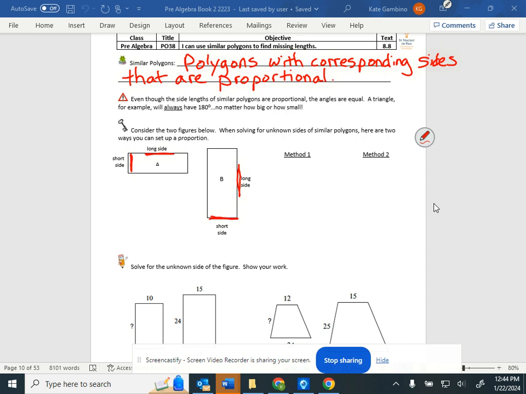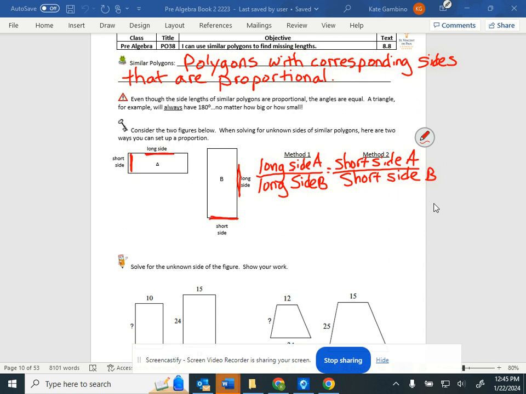So method one says long side A over long side B equals short side A over short side B. Notice, similar units are never diagonal.